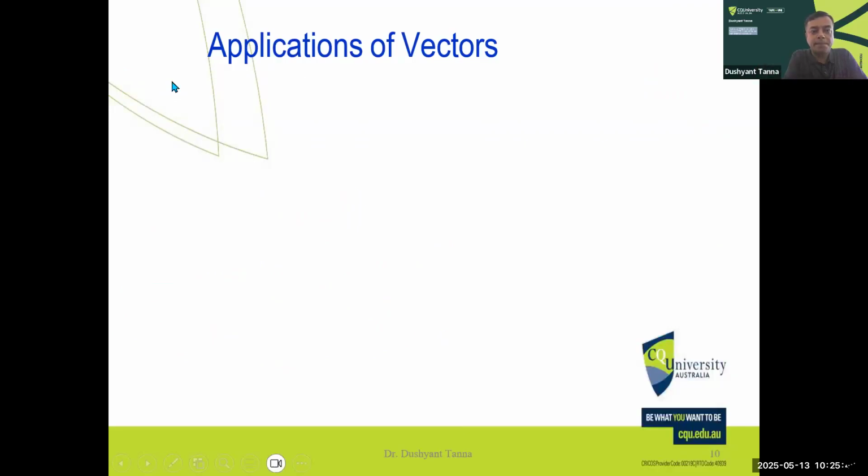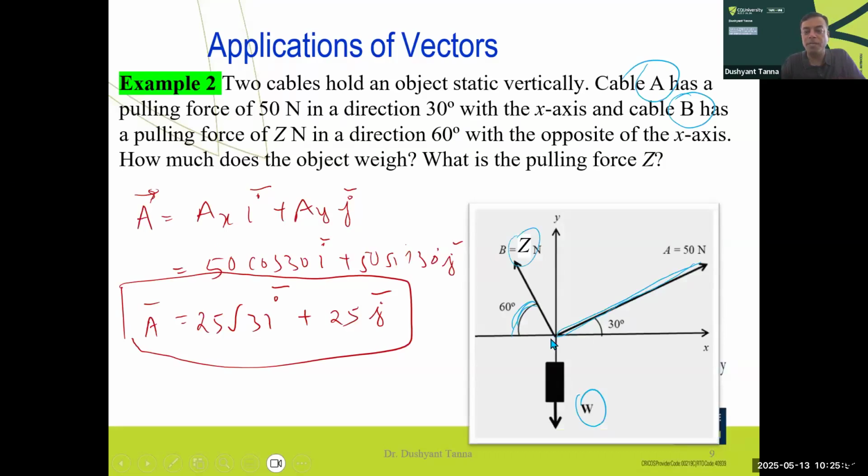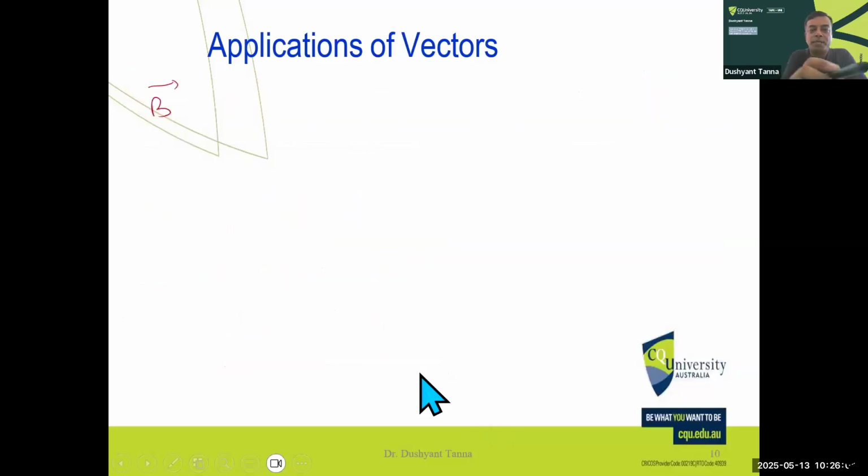Now what happens with B? B is going here in this direction. What is the angle it's making with the positive axis? 120 degree. Okay, so that will be 120. B is BXI, BYJ, Y and J starting to look the same. Okay.